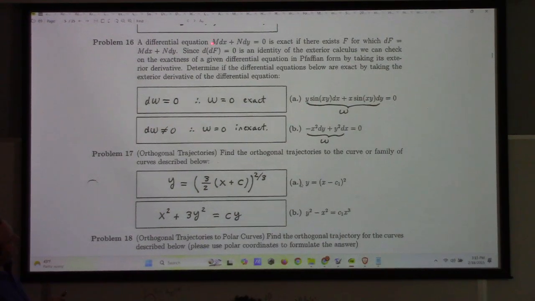If the exterior derivative of M dx plus N dy is equal to 0, that is tantamount to the closed condition holding, which is to say that M sub y is equal to N sub x. That's encoded within the exterior calculus, if you like. This is perhaps more important. You should definitely be able to find orthogonal trajectories to a curve or family of curves. That's a pretty common test question for me.